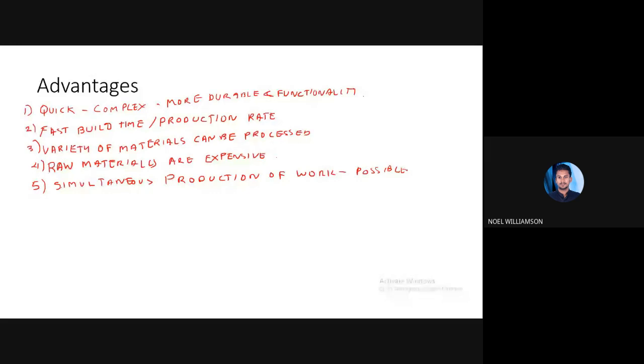Next, it is very fast, the build time or production rate is very fast. Then regarding the range of materials, a wide variety of materials can be processed using this process. Regarding the raw materials, they are inexpensive. Then fifth one, simultaneous production is possible. So these are the main advantages.